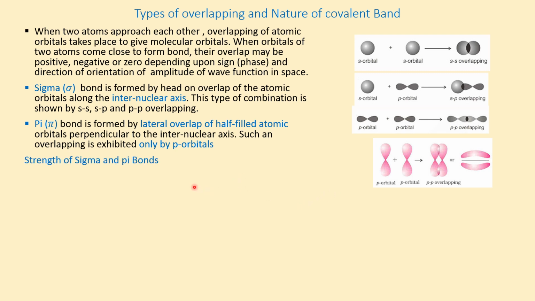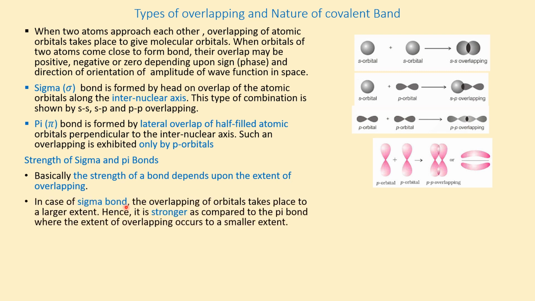Strength of sigma and pi bonds. Basically, the strength of a bond depends on the extent of overlapping. In the case of sigma bond, the overlapping of orbitals takes place to a large extent. Hence, it is stronger as compared to the pi bond, where the extent of overlapping is smaller.